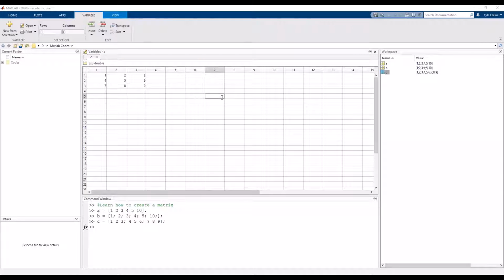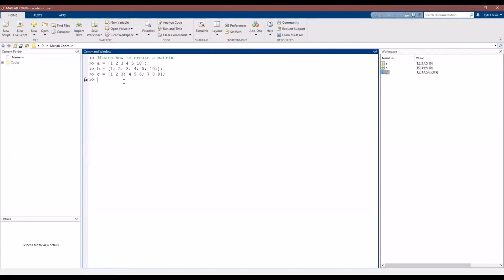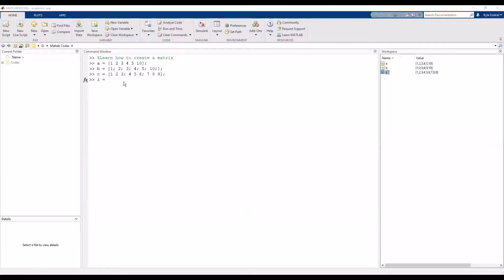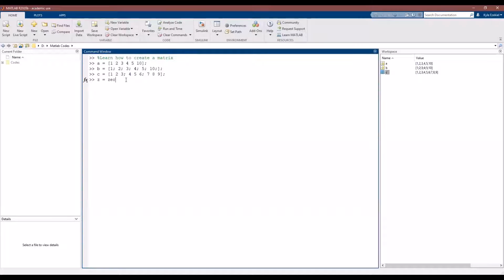We have created a matrix. Let's say, for example, I want to create a matrix consisting of zeros. I'll just type zeros, then a parenthesis.